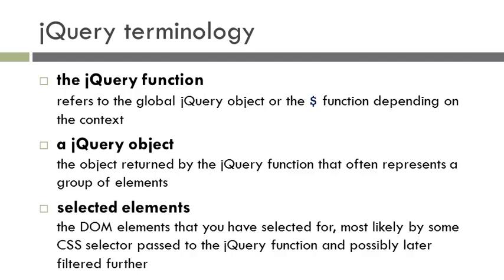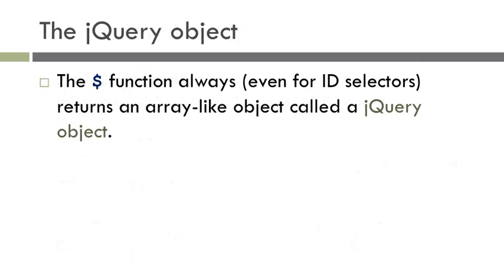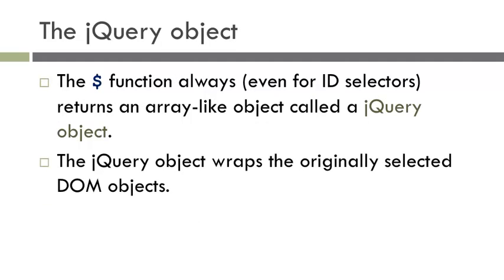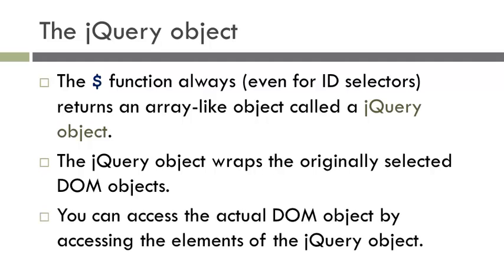Selected elements is simply a filtered set of DOM elements that you might want to work with. As we stated before, the jQuery function always returns an array-like object. This jQuery object wraps the originally selected DOM objects and provides a container for working with them in additional ways. You can still access the actual DOM object from within the jQuery object if you need to.